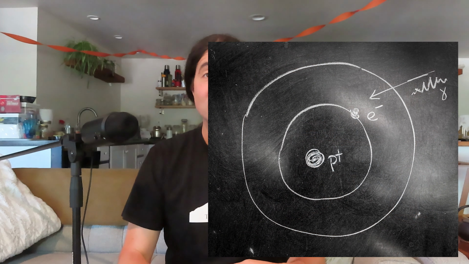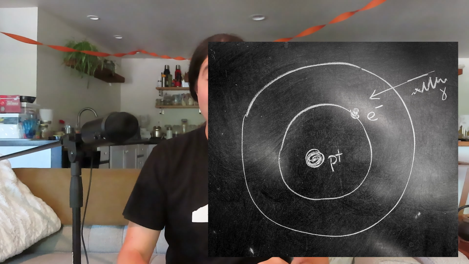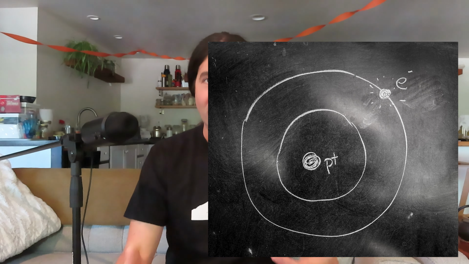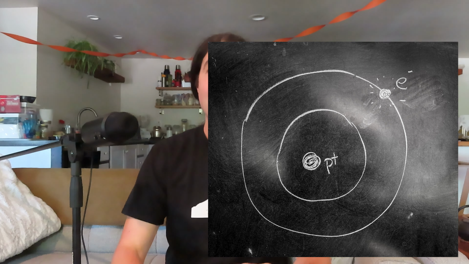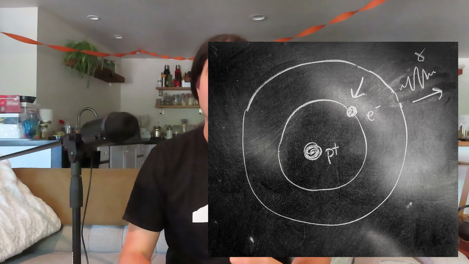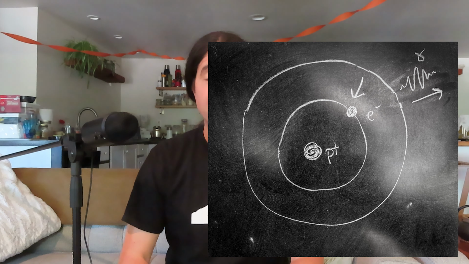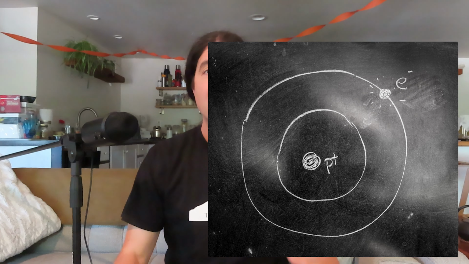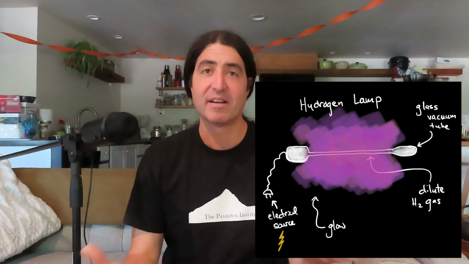And so the light that we're experiencing coming out of the hydrogen gas is actually associated to the cycling of the electrons inside the individual hydrogen atoms, gaining some energy from the electric current that's going into the gas lamp, and then naturally losing that energy, spitting out a photon. And that whole cycle repeats itself over and over and over again. And the aggregate result of all of that energy going in from the current into the gas and being emitted out as light is what we see, again, is that purple glow.